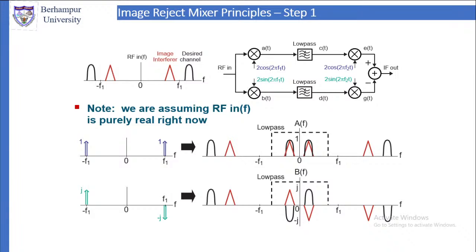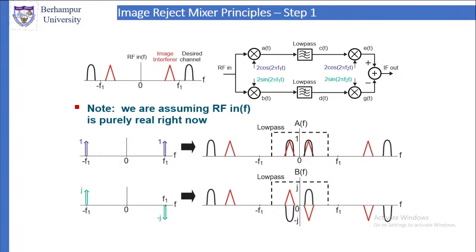And we do not want anything at plus minus 2f1, so that will be thrown out. So just use a low pass filter around DC, which passes the frequencies below f1, so everything above f1 is thrown out.